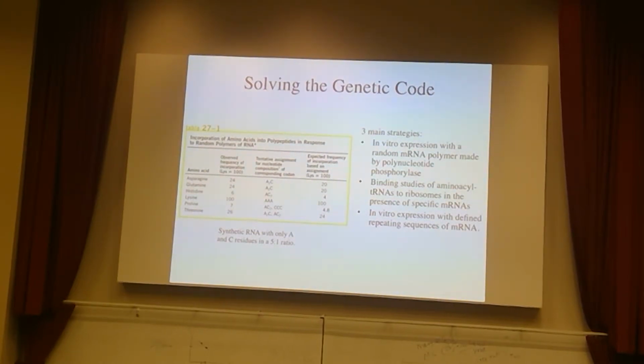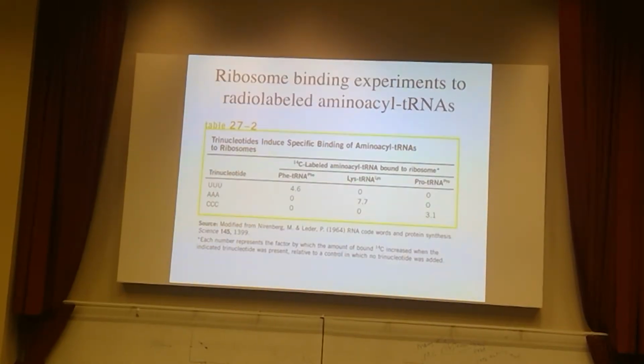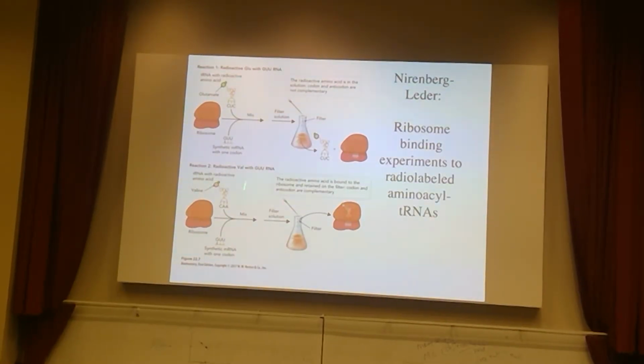They knew those for sure. In other cases, there was ambiguity. That was from the first experiment. From the second experiment, in some cases, they were able to confirm the initial assignment and to create new assignments for these ones that were other positions in the genetic code, such as GUU.